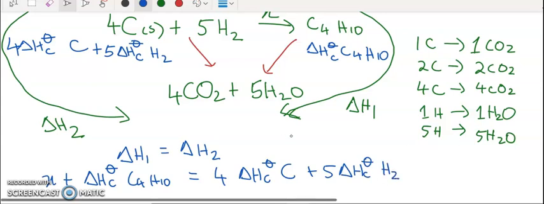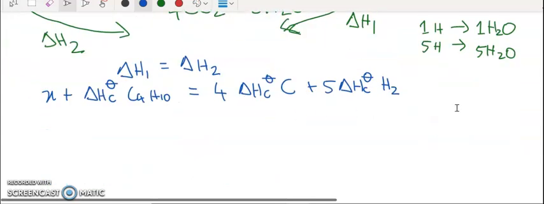So now that we've got our equation, let's plug in all the information.